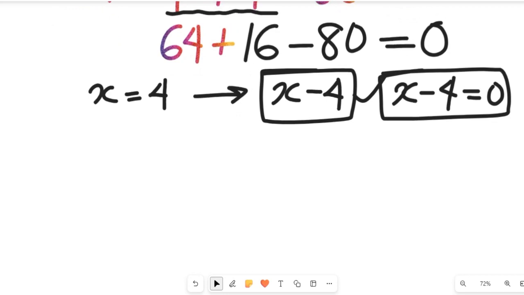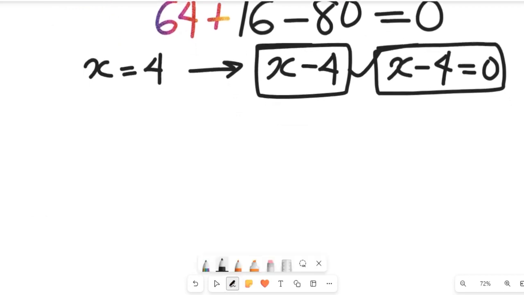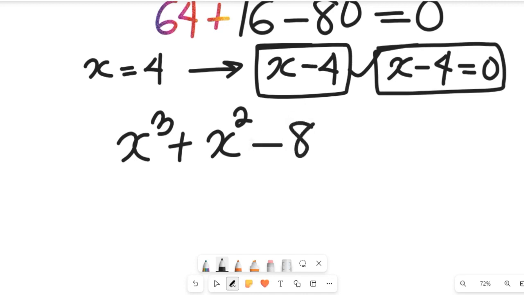Now, let's look at those two expressions. If we consider the initial expression we are given, we have x to the power of 3 plus x to the power of 2 minus 80, and we said it's equal to 0.